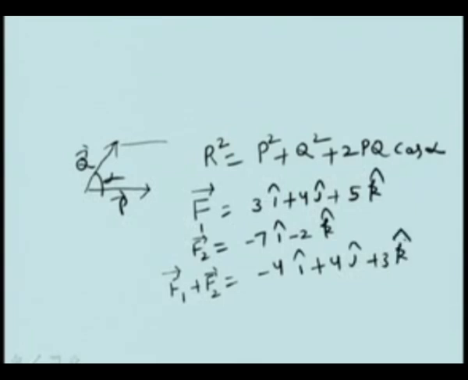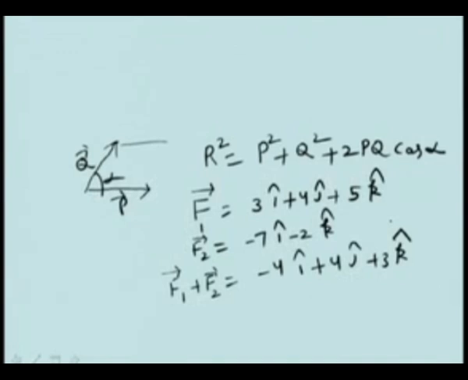Then you can find the magnitude of the force. Similarly, if you express the force in the form of components, i, j, k are the unit vectors along three orthogonal directions, that is x, y and z.